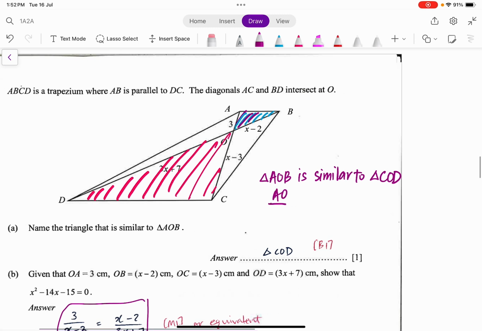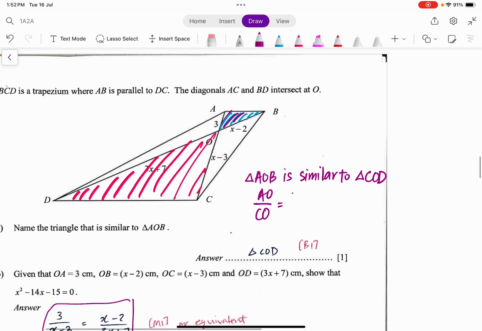AO over CO must equal OB over OD. Remember how we did this last time? We write the three ratios that are equal to each other. If this is a pair of similar triangles, then all the corresponding sides are in the same ratio.